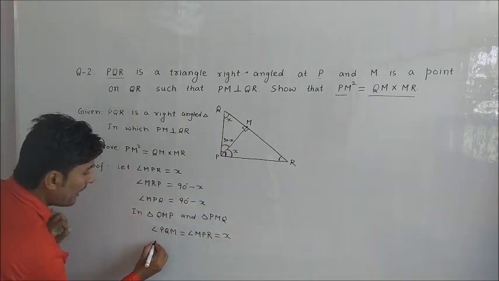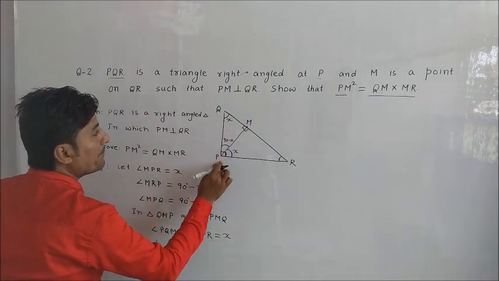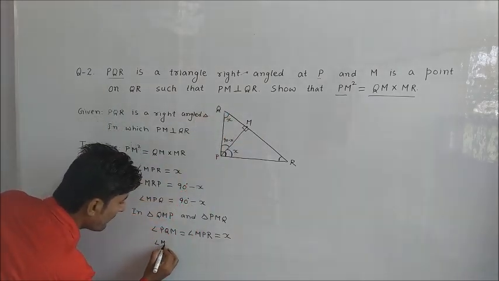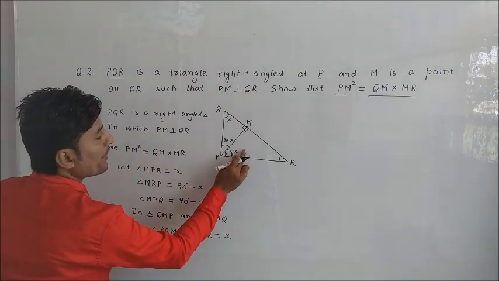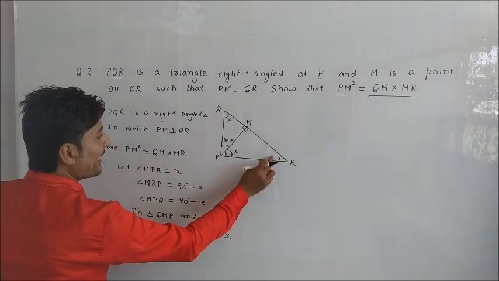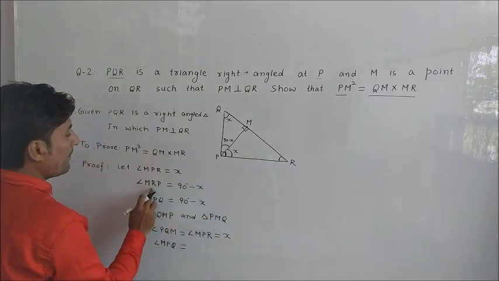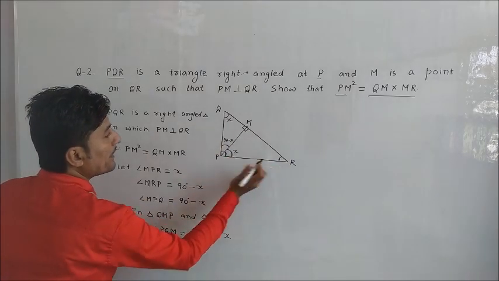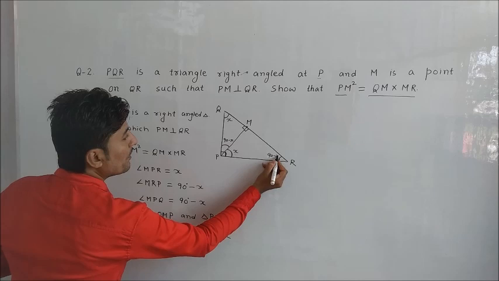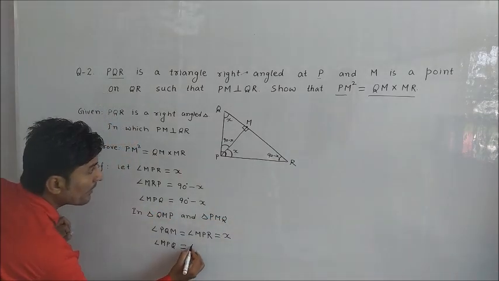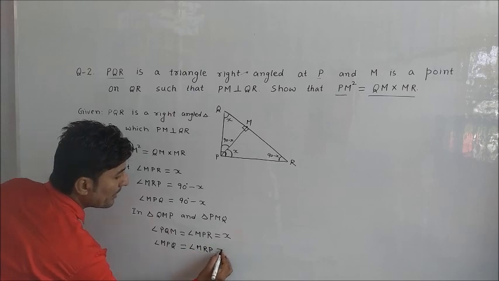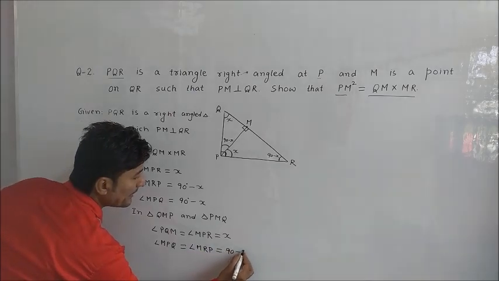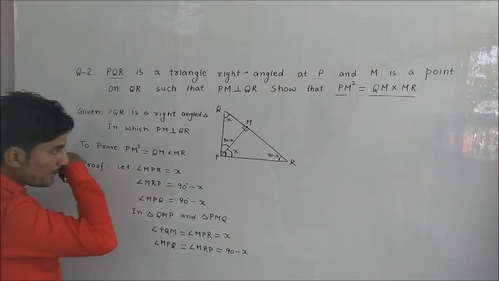So here we can write measurement of angle MPQ is equals to, in this triangle the measurement of this angle means MRP is also equals to 90 minus x. Measurement of angle MRP, both are equal because both are equals to 90 minus x.